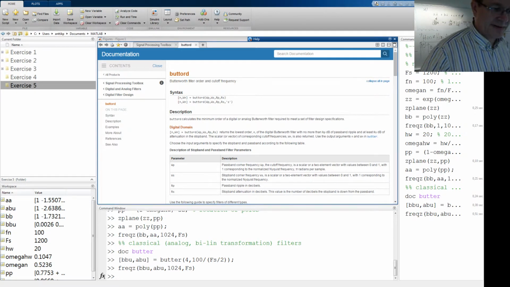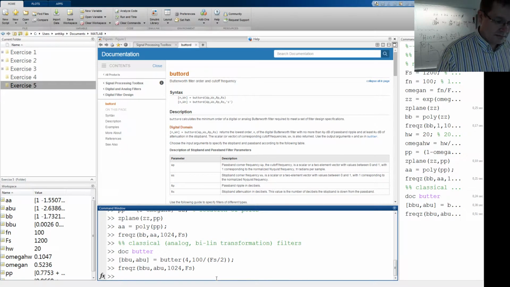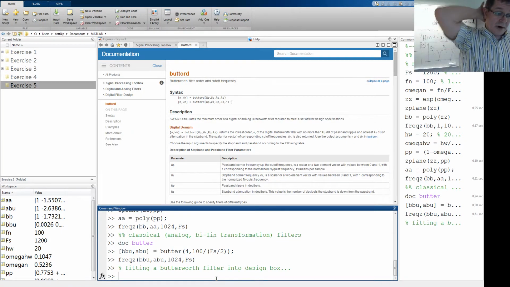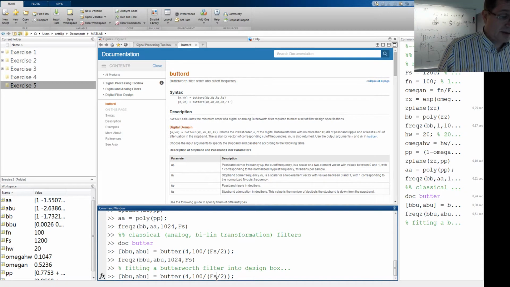Let's try it. All right, so [n,Wn] equals buttord.